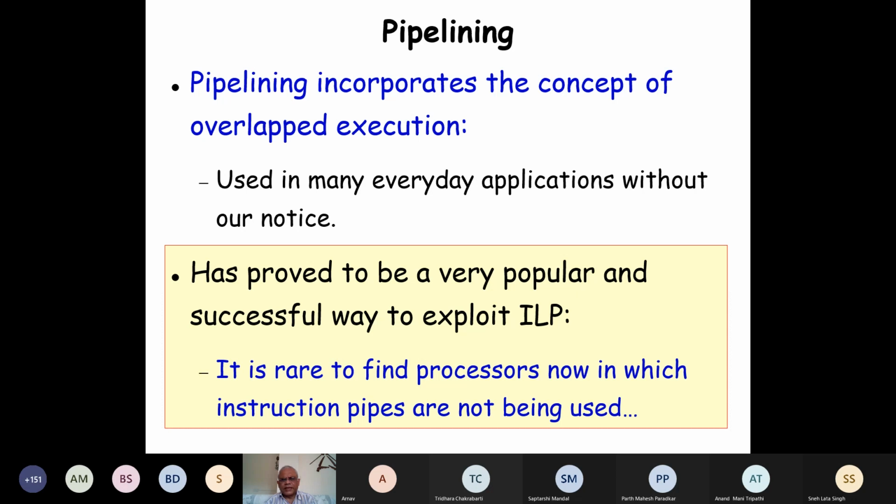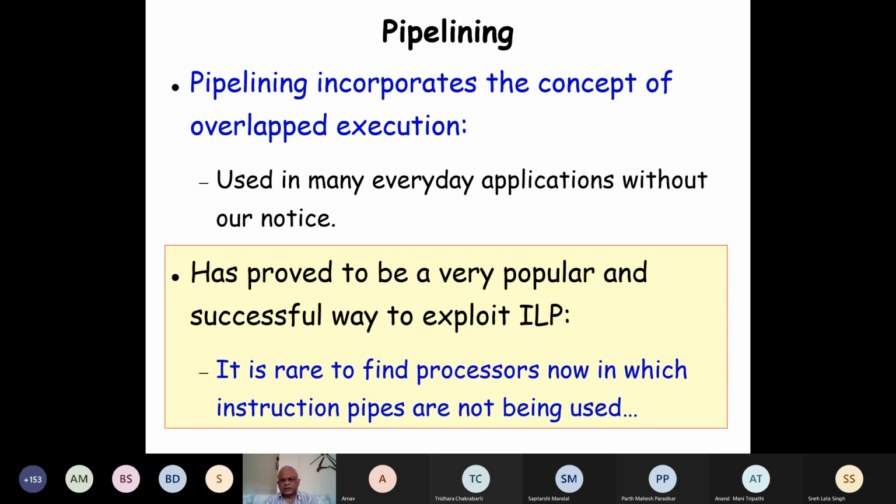What we mean by ILP, instruction level parallelism, is that the parallel execution is at the level of instructions in a program. That means different instructions are executed at the same time. In contrast to different threads or different processes getting executed.